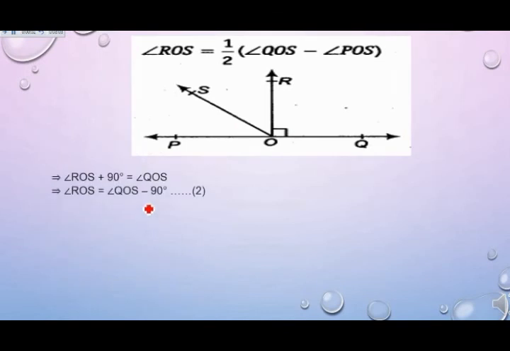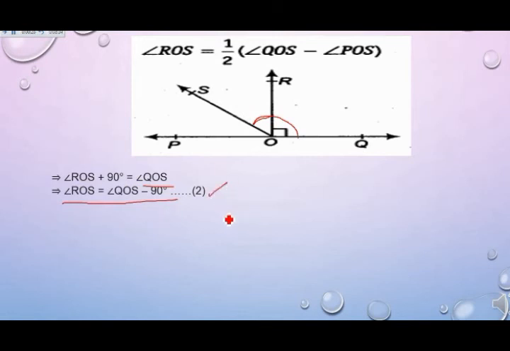Now we can write angle QOS as angle ROS plus 90 degrees. So therefore angle ROS can be written as angle QOS minus 90 degrees, and name this as equation number 2.